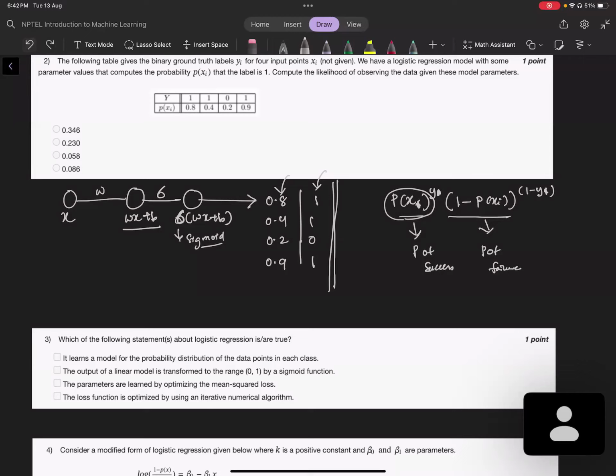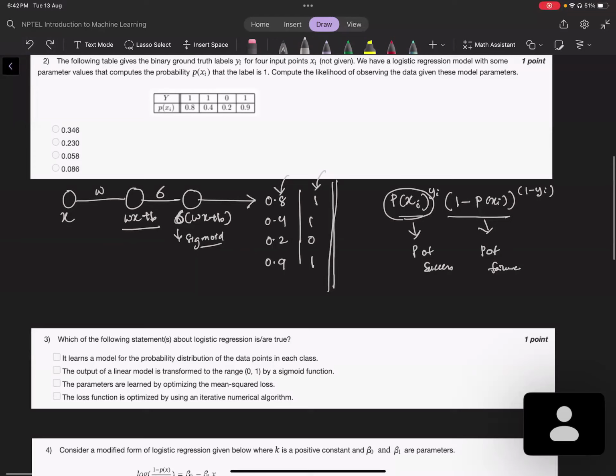But since we're dealing with this i, I'll just go back. Now let's say we have these 4 cases. For the likelihood, we'll add a product here, with i equals 1 to n.